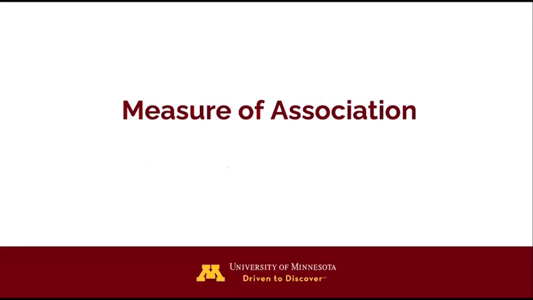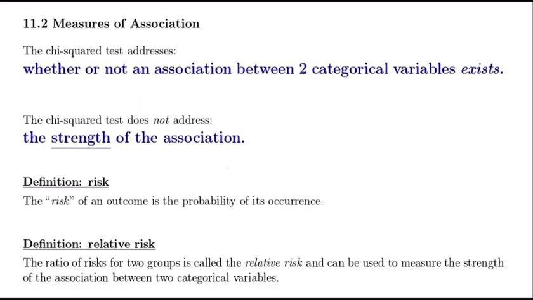The test that we just conducted only tells us whether a relationship exists or not. It's not going to tell us the strength of the association. If we want to know the strength, we need a measure of association.